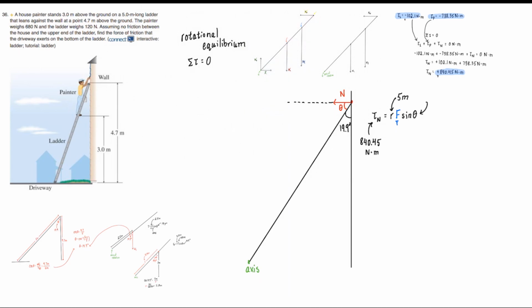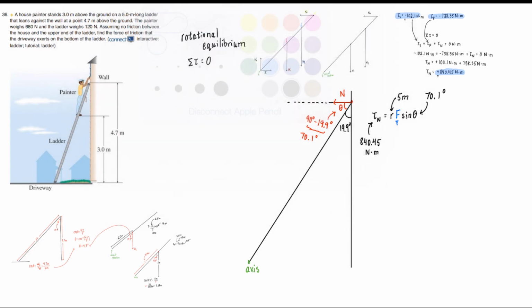And because it's a 90-degree angle, our theta, this angle right here, is simply going to be equal to 90 degrees minus 19.9. That ends up being 70.1 degrees. So we can plug 70.1 degrees into our theta over here.